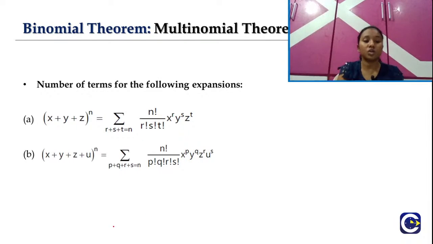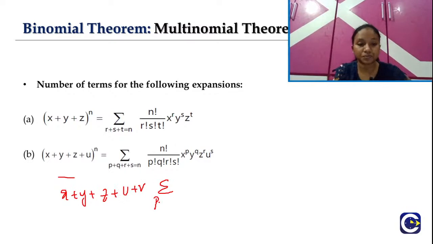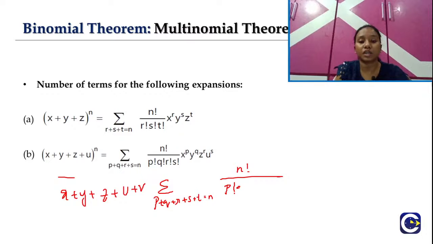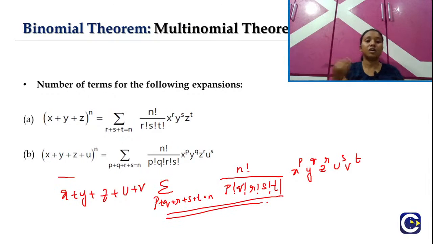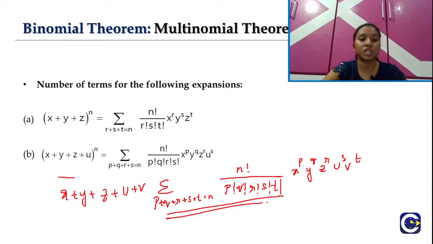If you are having x plus y plus z plus u plus v, which means 5 terms, it will be p plus q plus r plus s plus t equal to n, and then n factorial by p factorial, q factorial, r factorial, s factorial, t factorial, and then x power p, y power q, z power r, u power s, and v power t. So as the number of terms increases, the expansion also changes accordingly.